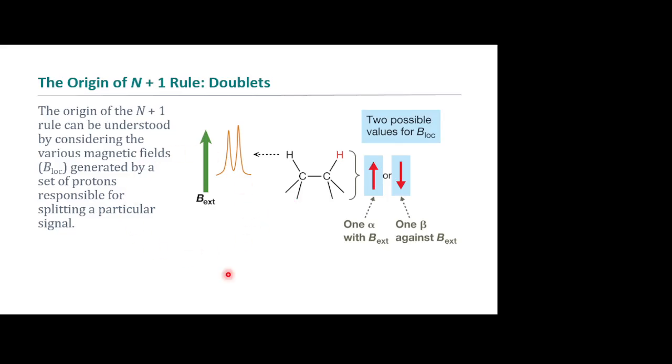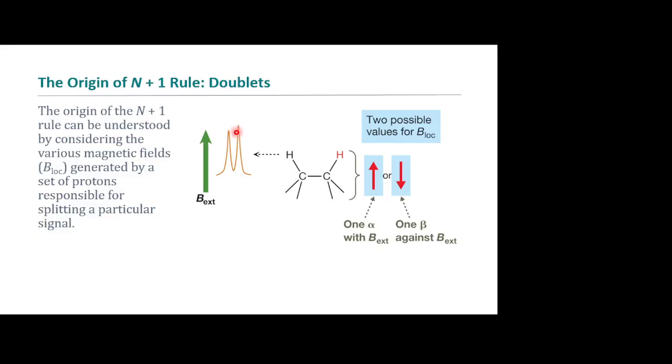And so whenever we look at these external fields modified by a local field, if you have 2 different magnetic fields next to each other, they're going to modify the B local, aren't they? They're going to change that B local's strength.